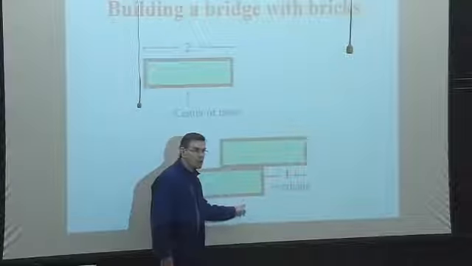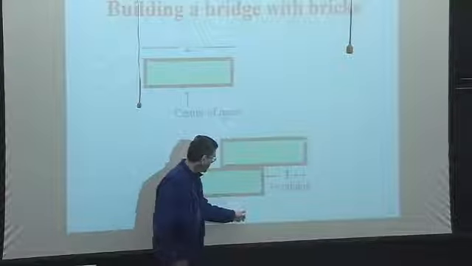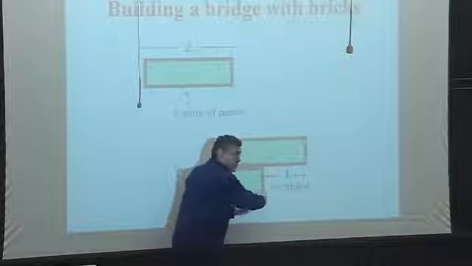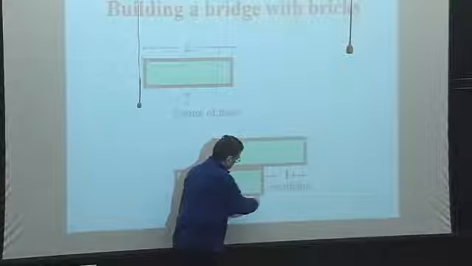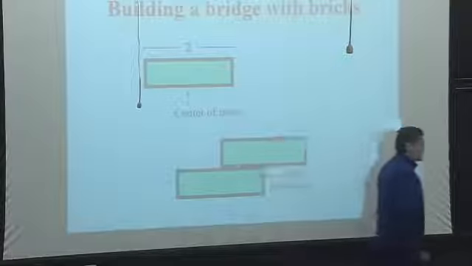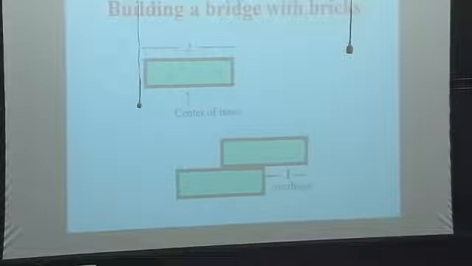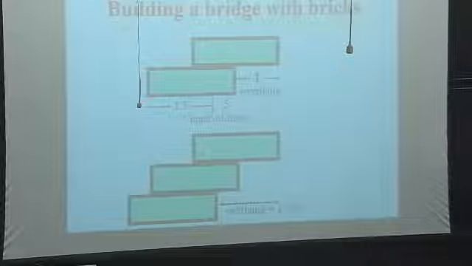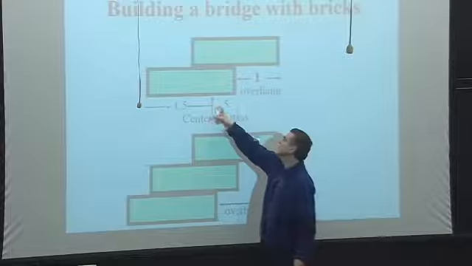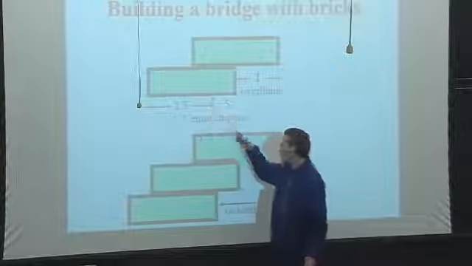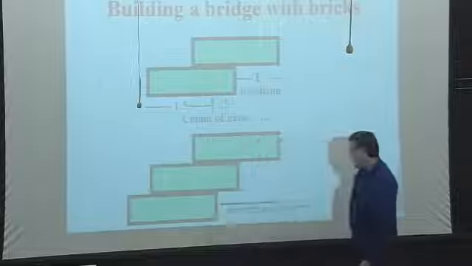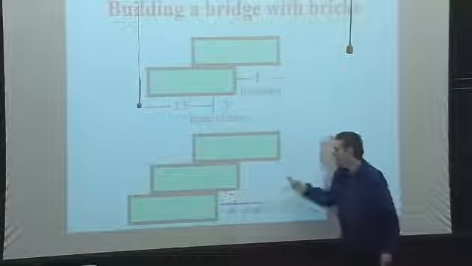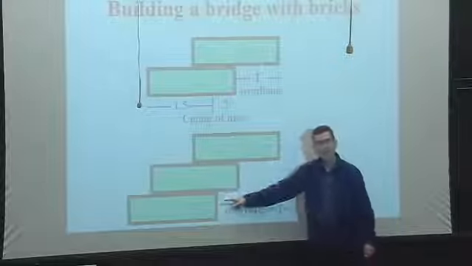You can just see by symmetry, the center of mass is here, which is 1/4 of one brick. So the distance to the center of mass here is 1/2. So that means that since the center of mass is right here, a distance of 0.5, if I pile this and this on top of this brick, now I have an overhang of 1 plus a half.